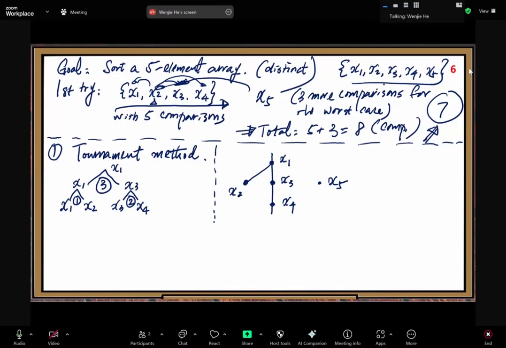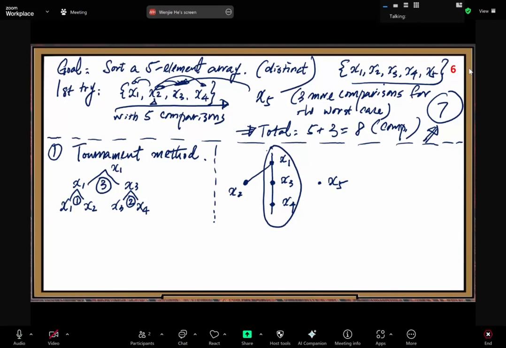Here, when you observe your data, you need to catch that main property. Look at these 3 elements. We know they are ordered, right? These 3 elements form an ordered subarray.